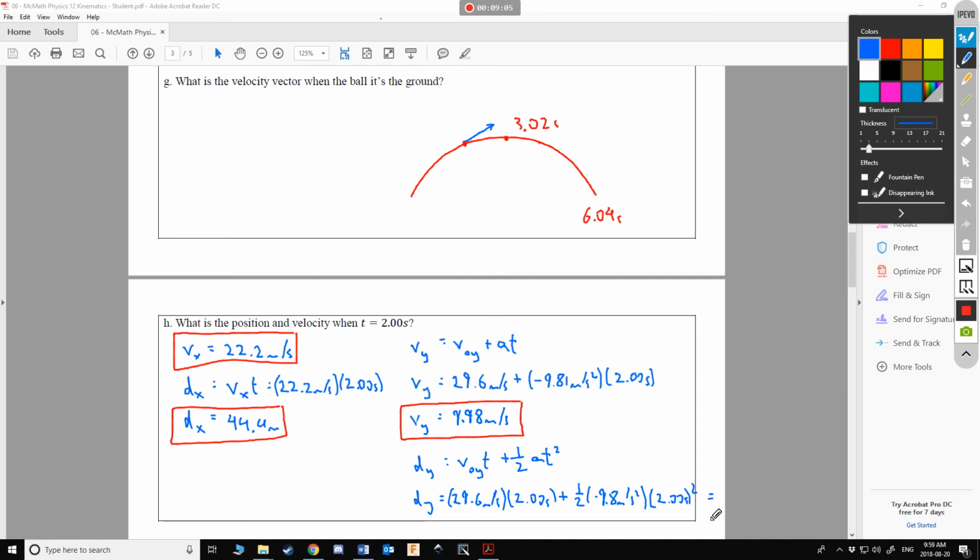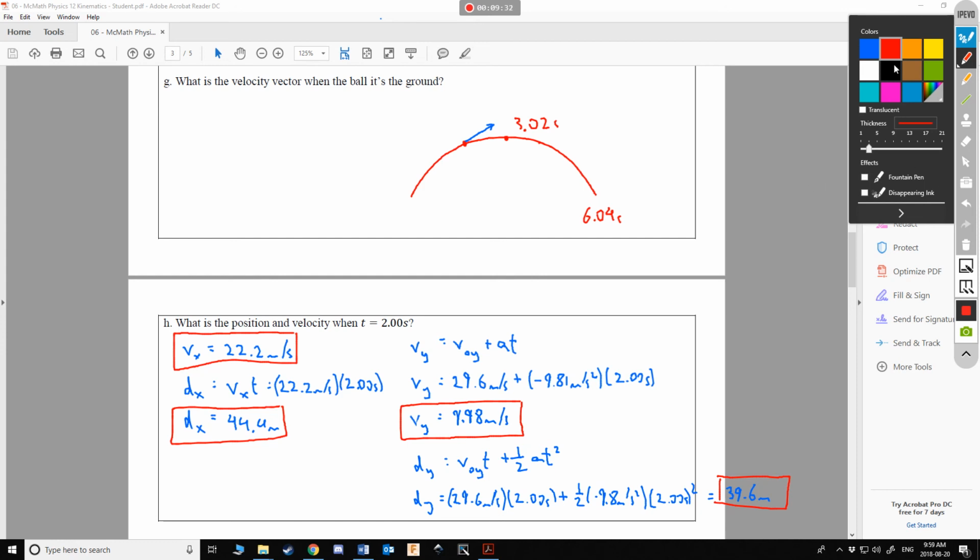Let's plug that in. 29.6 times 2 minus 0.5 times 9.8 times 2 squared. We get 39.6 meters. So you can see our position is 44.4 meters to the right, 39.6 meters upwards.